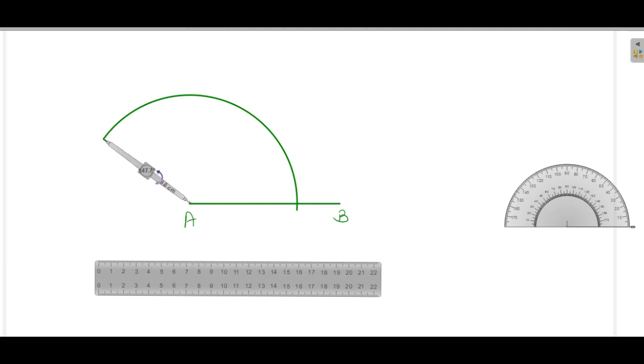We are going to extend this back so that we can easily construct 120 as well.